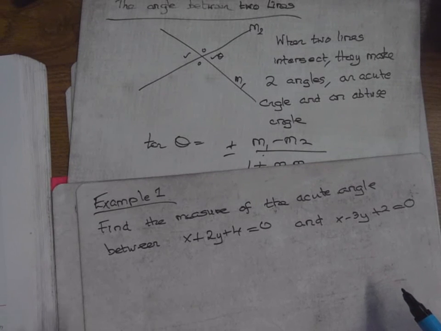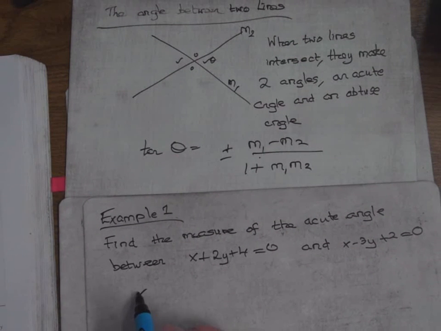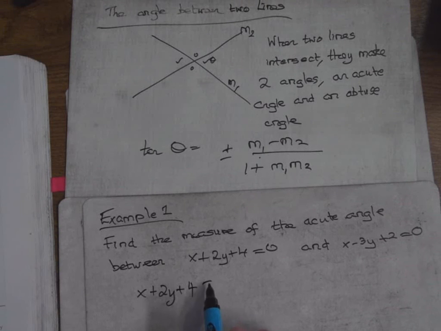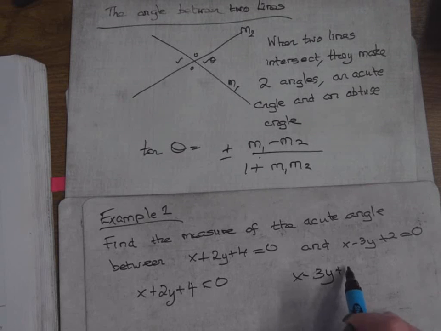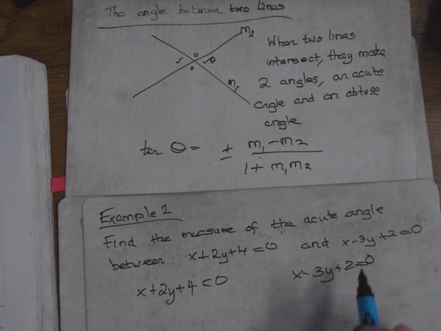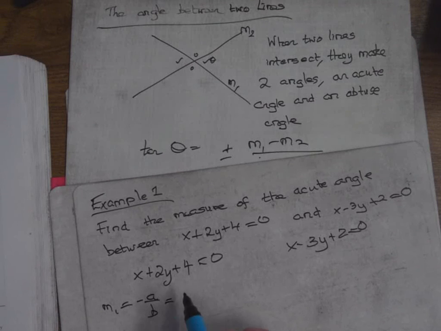So what do I need? Looking at the formula, what do I need from each line? Slope. So I need the slope from each line. Doesn't matter which one you call M1 or M2. Right, so there's this line. Here's this line. Get the slope. So the slope M1 is minus A over B. Very handy formula, not in the log tables, minus A over B. So minus 1 over 2.